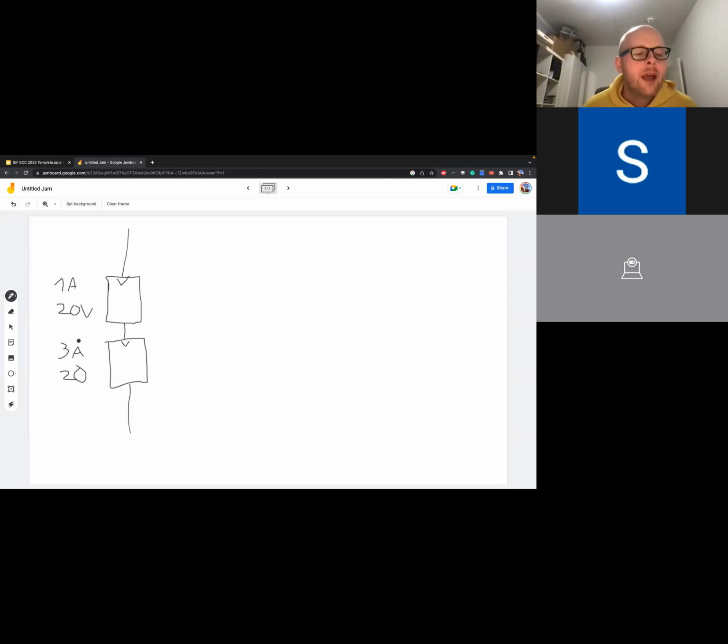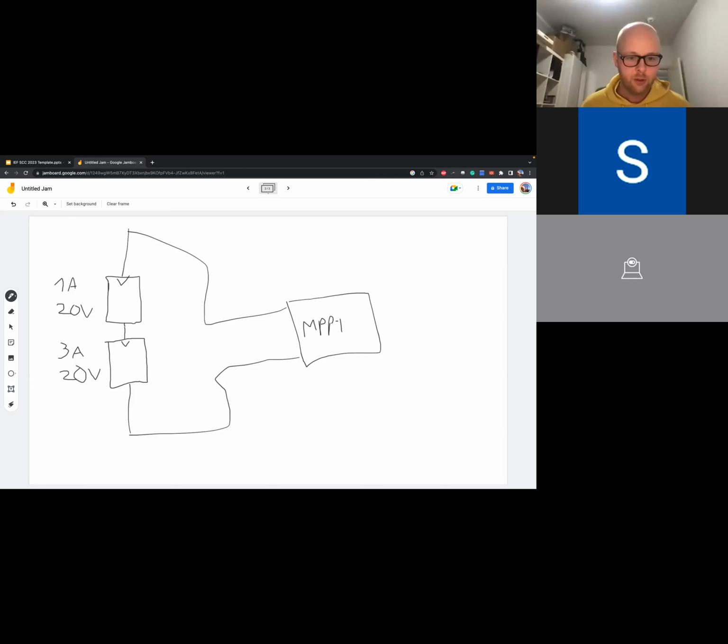What would normally happen is that you would connect your maximum power point here. And what would normally happen is you would draw the 3 amp and bypass this, and then you would only get the 60 watts from the bottom array because the other one is shorted.